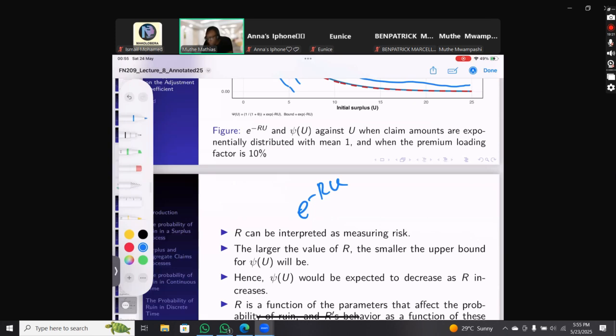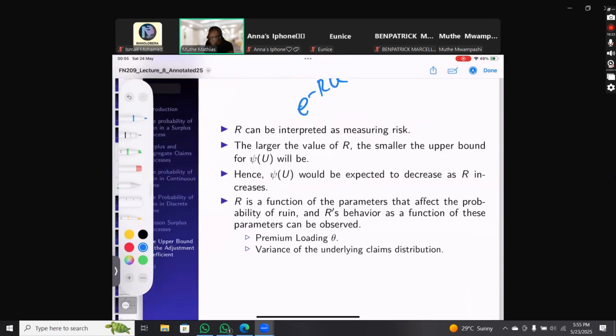So here, just the comment, of course, at the end of the day, R is a function of the parameters that affect the probability of ruin. So R's behavior as a function of these parameters can be observed: premium loading factor, variance. Okay, so at the end of the day now, the probability of ruin will depend on these factors here, the premium loading factor, the variance of the underlying claims distribution, and stuff like that.